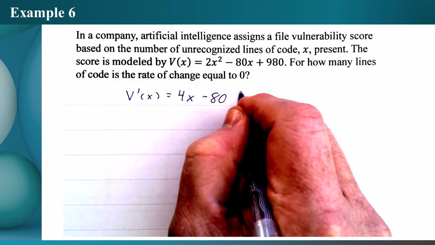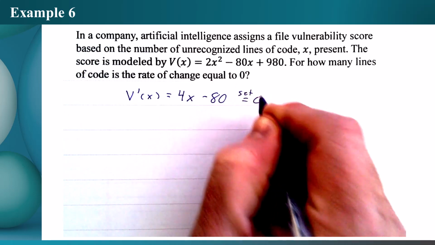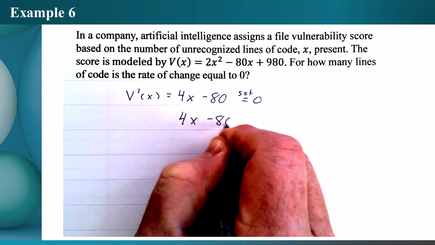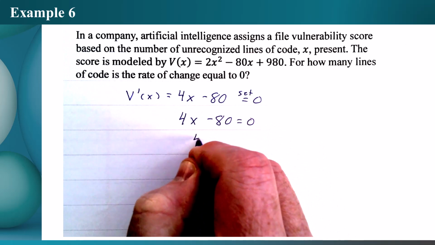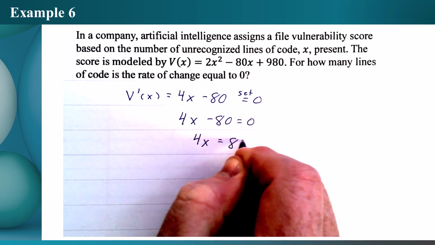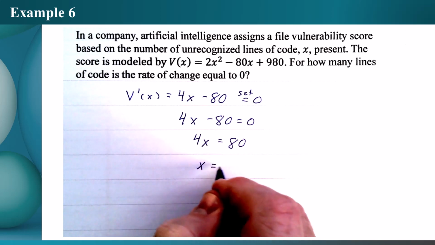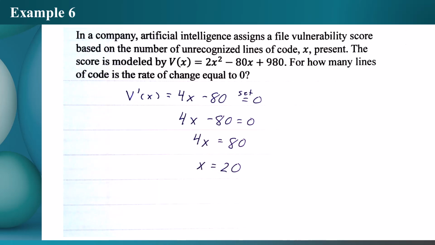So I'm just going to set this equal to 0. We have 4x minus 80 equals 0, which implies that 4x is equal to 80. And if we divide both sides by 4, we get x is equal to 20. So when we have 20 lines of code, the rate of change is equal to 0.